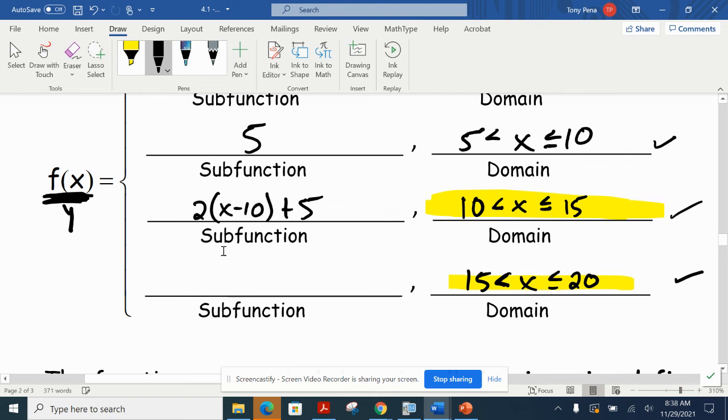All right. Last but not least, go to 15, 20 minutes, write the equation of that line. See where we're at here.